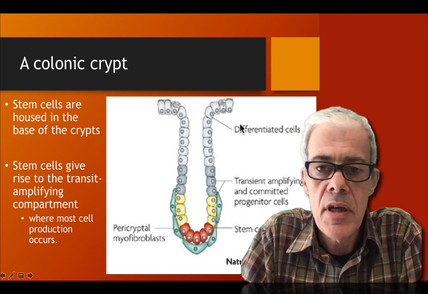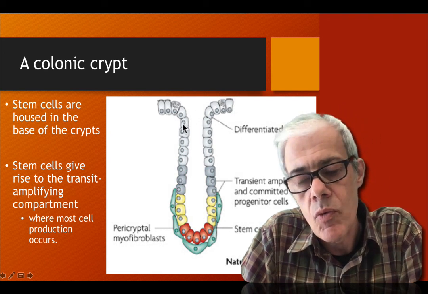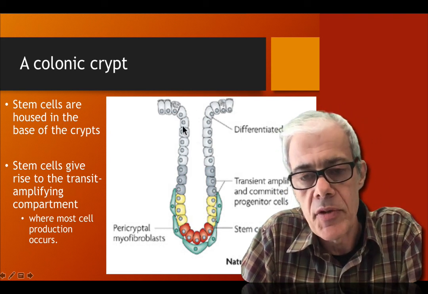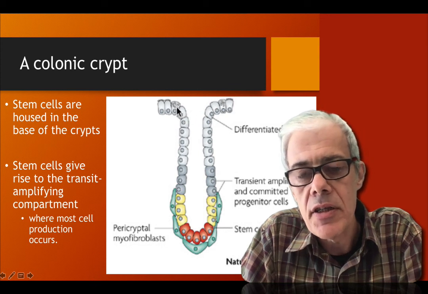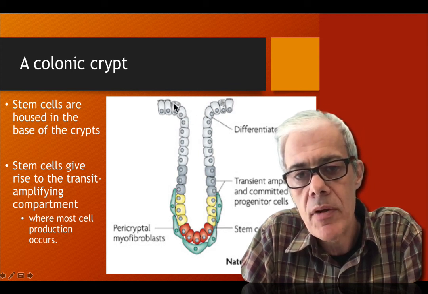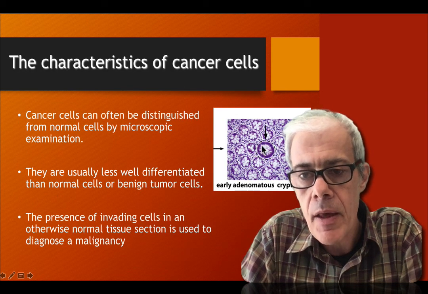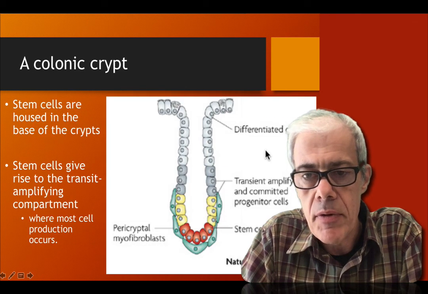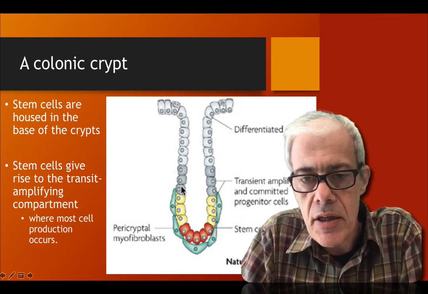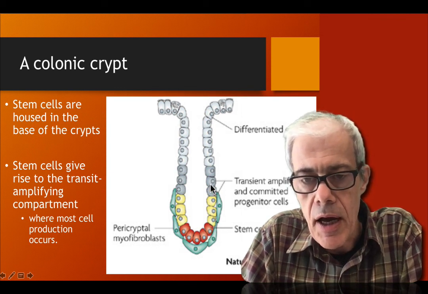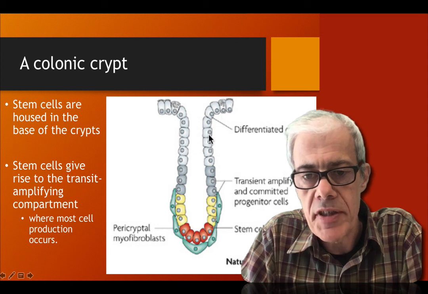This is another look at what we've just been seeing in that 20 times slide. We were looking at the top level, from this direction, from the top of the slide. And if you look at what is actually going on here, this is the crypt, this region of cells here.